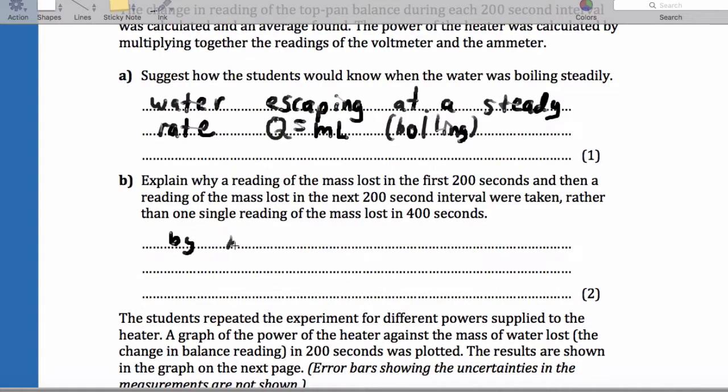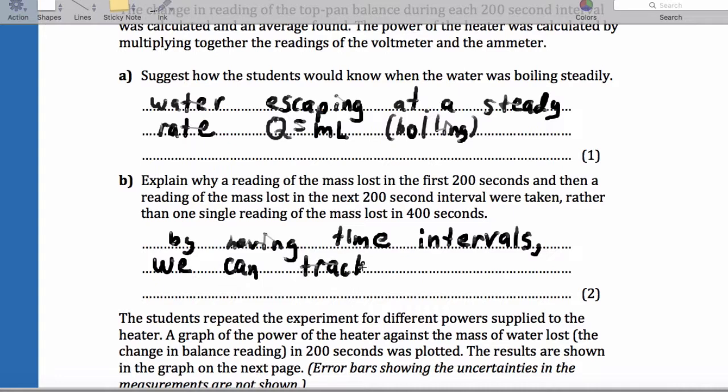By having time intervals, we can track if the mass loss is steady.